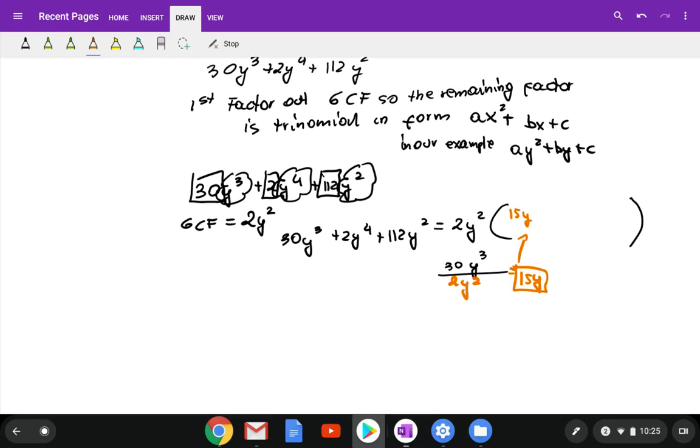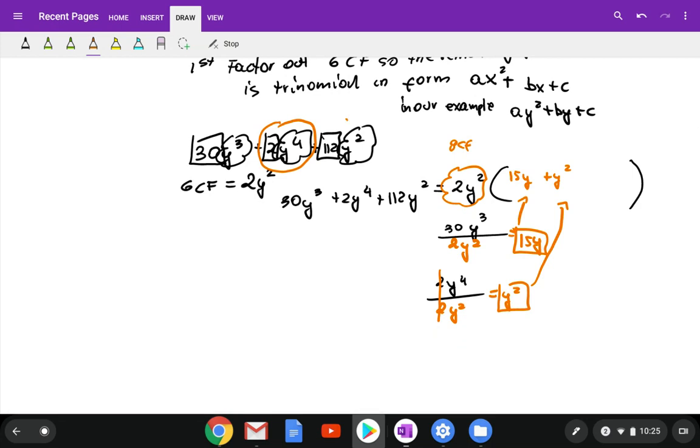Then you take that 2y to the fourth power and divide that by the GCF, which is 2y squared. 2 divided by 2 gives you 1. Y to the fourth divided by y squared is y squared. That y squared goes inside the parenthesis, so we have plus y squared. One more time, take 112y squared and divide that by the GCF, 2y squared. 112 divided by 2 is 56.